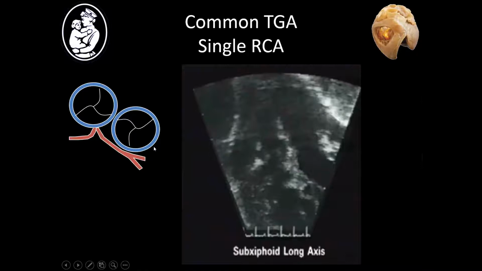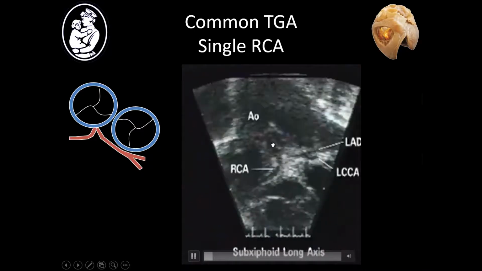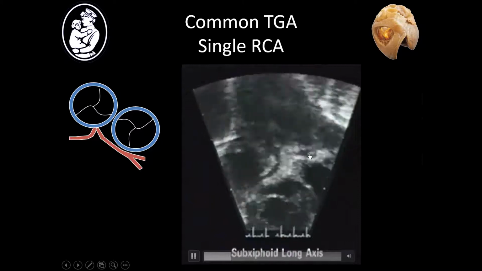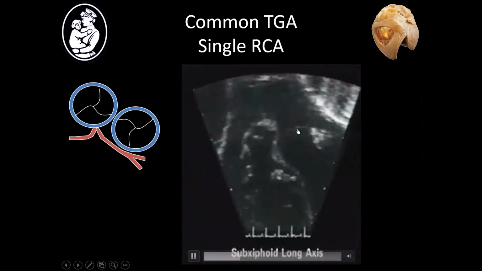And then the left coronary goes behind the pulmonary trunk like we saw the circumflex before, and then bifurcates out here. This is a subxiphoid view of this. Here's the aorta, PA over here. And here you can see again the two arteries, the right and the left, coming from the aorta, from the posterior aspect of it. And here's the bifurcation of the left out here. And it's going behind this pulmonary trunk.